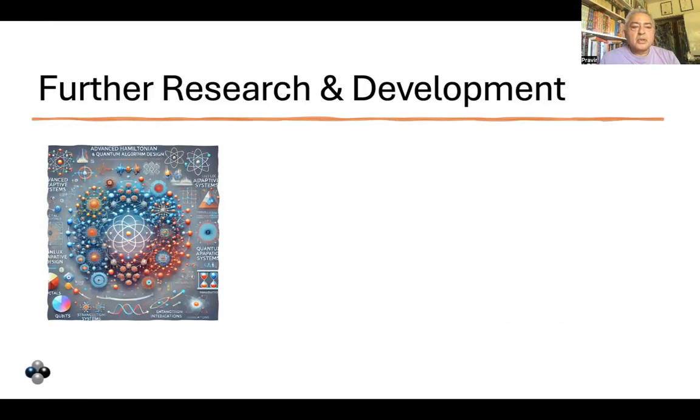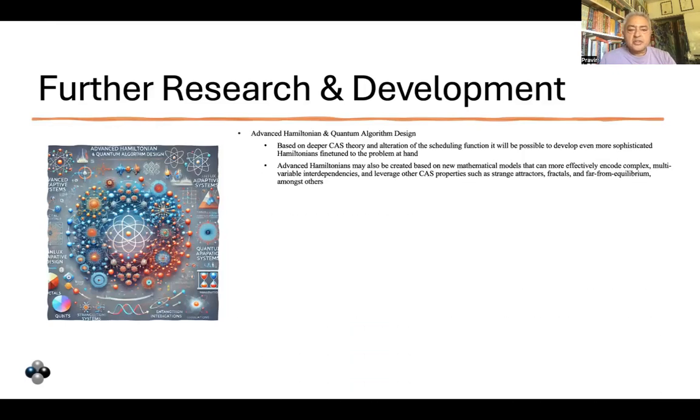So some ideas for further research and development. There's, first of all, advanced Hamiltonian and quantum algorithm design, leveraging off the point that I just made. So based on deeper CAS theory and alteration of the scheduling function, it should be possible to develop even more sophisticated Hamiltonians that are fine-tuned to the problem that we're trying to solve at a particular time.